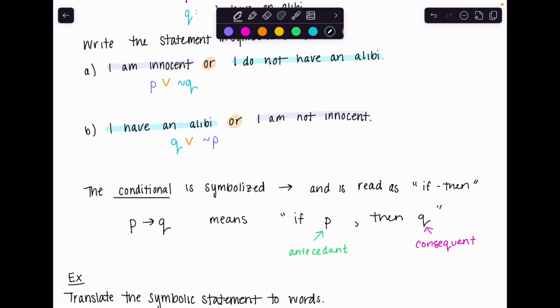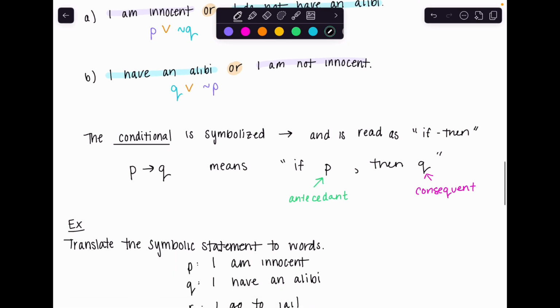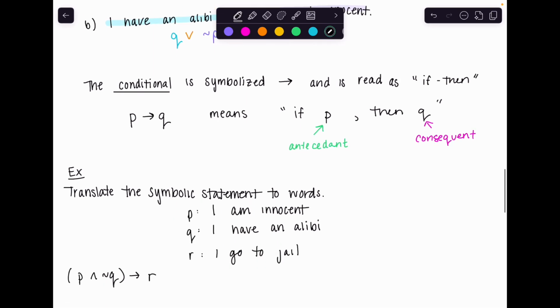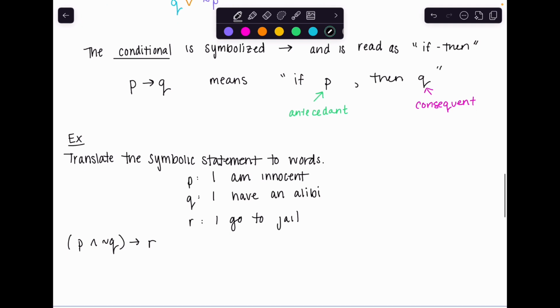So let's try an example with this, but we're going to do the opposite now. We're going to be given the symbolic form, and I want to translate that to an actual statement involving words. So now that we can start combining operations, really you're going to apply the same kind of rules. Think of your order of operations. So this is the statement I need to translate, and these are my phrases P, Q, and R. So the way you're going to read this is these are lumped together because of the parentheses.